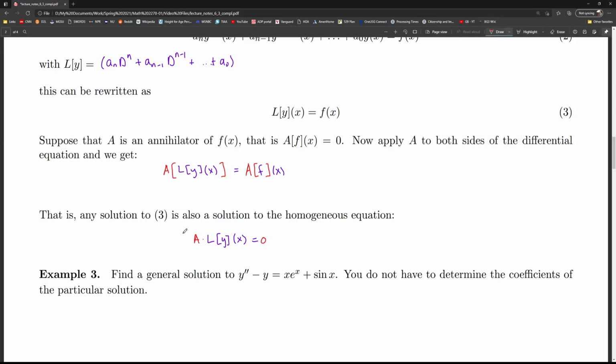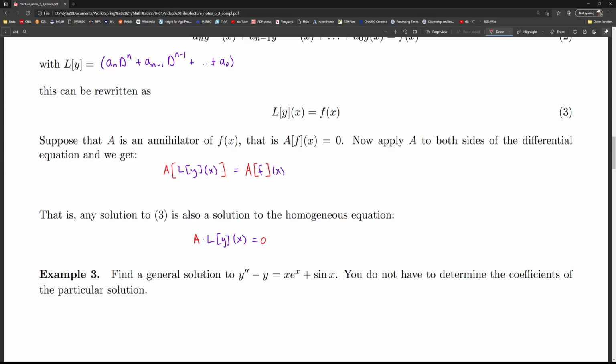And we know how to solve a homogeneous equation like that. We have to take a look at the auxiliary equation and at all the roots. So let's look at this in an example.